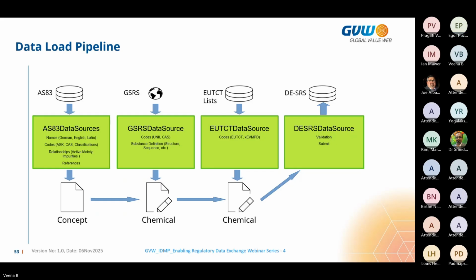How can we do it? We have to search GSRS for the right substances which can be mapped to our substance. We have some codes, so we can use codes to search GSRS for these specific codes. We have names, so we can search GSRS for these specific names. And if we are lucky and our names are in IUPAC format or nomenclature, then we can convert these names into a structure and search GSRS for the structures.